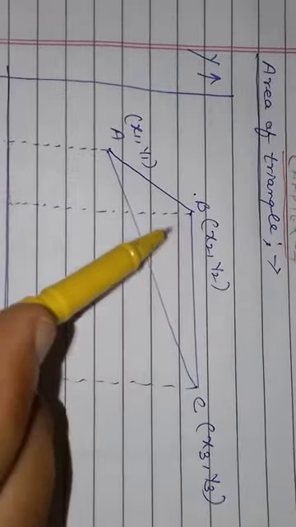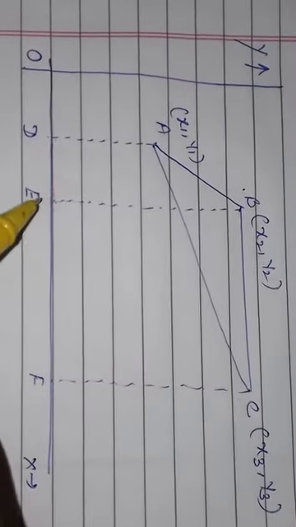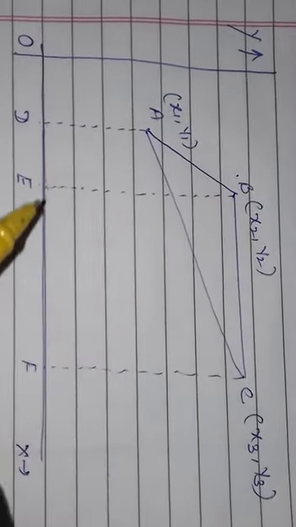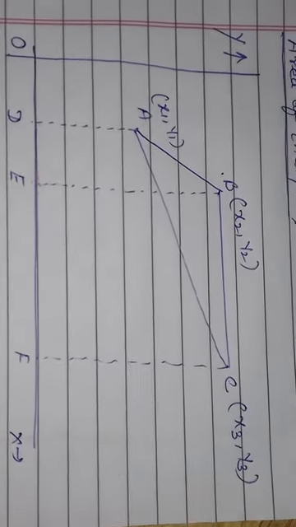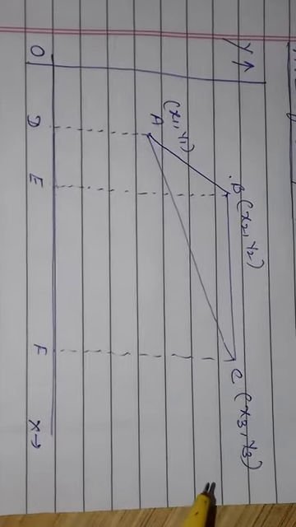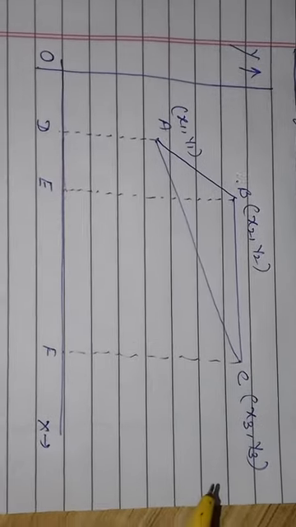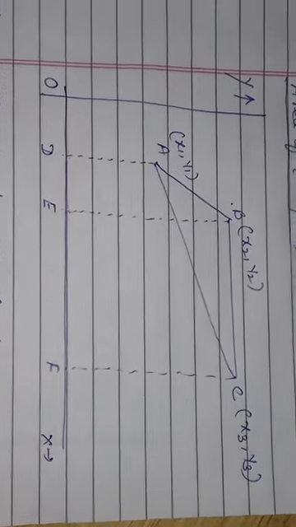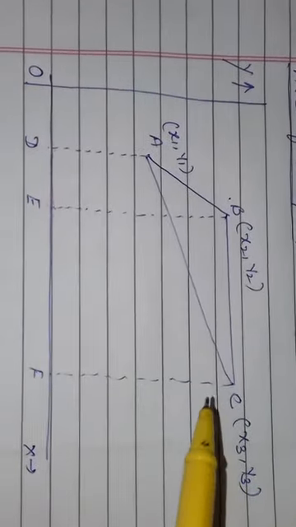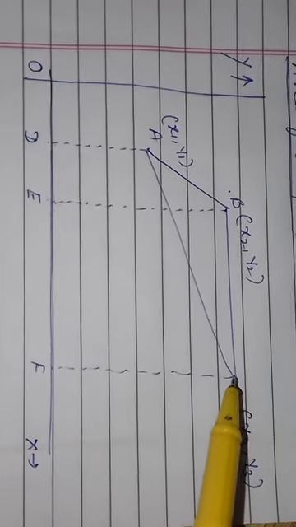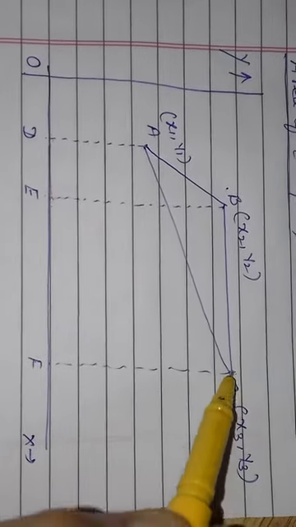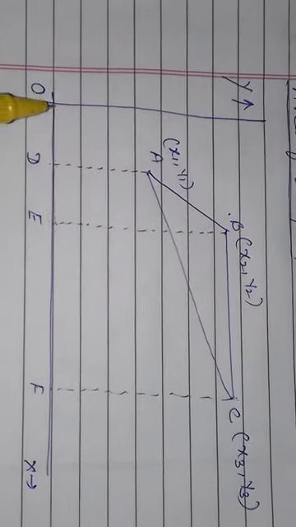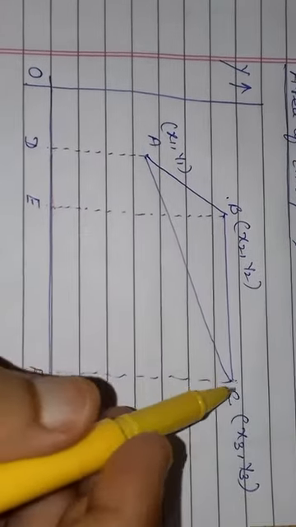Next, let us find out the area BCFE. Again the formula will be the same: half sum of parallel sides multiplied by distance between the two parallel sides. This coordinate is x3 y3, so it means this will be x3 and this is y3.